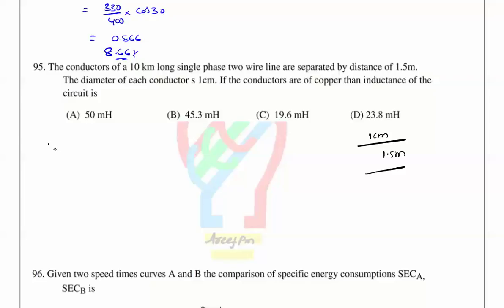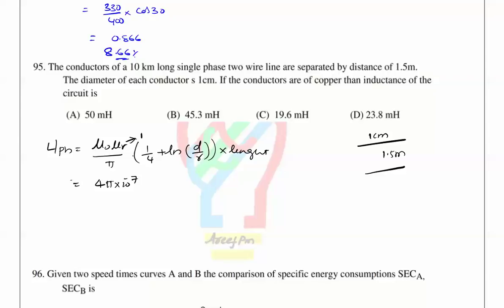So inductance per phase is equal to mu naught mu r by pi into (1 by 4 plus natural logarithm of d by r), into length. This is the inductance formula. Mu r, the relative permeability for air, is 1. So this is equal to 4 pi into 10 power minus 7 into the length, which is 10 kilometers.